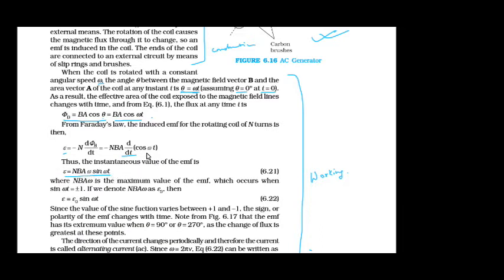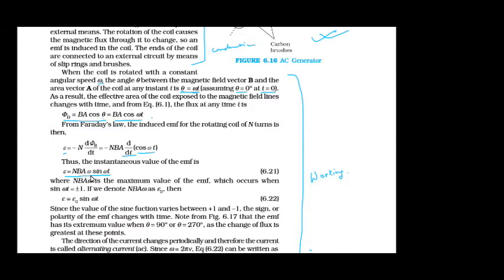How did we get this? Differentiation of cos omega t is minus sin omega t, and differentiation of omega t is omega.